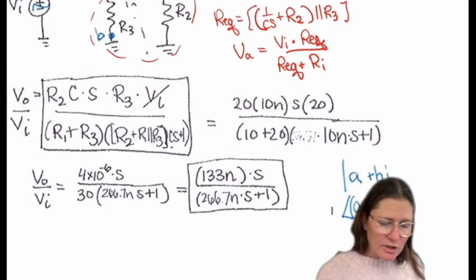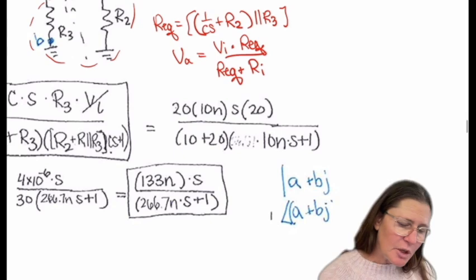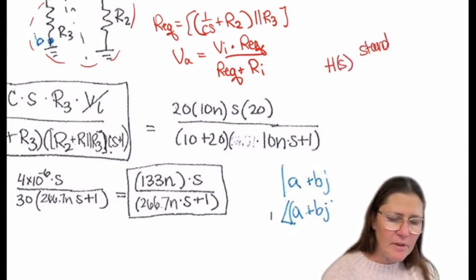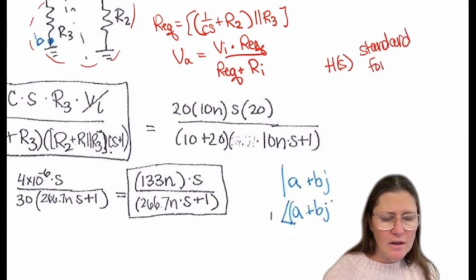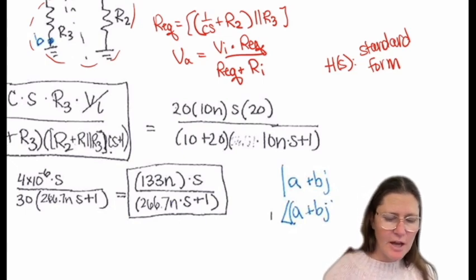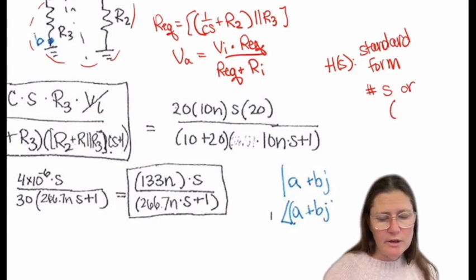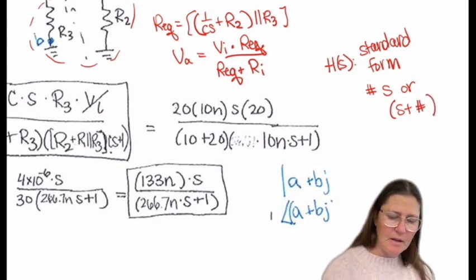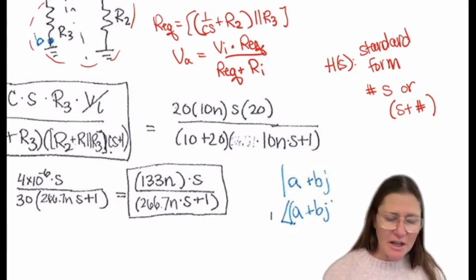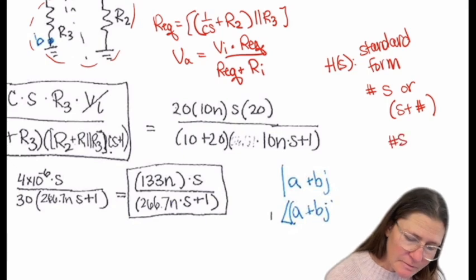One thing we need to do is put the H of S in what's called standard form. The standard form is going to be where you have S times a number, or S plus some number, or it could be a number times S plus a number too.